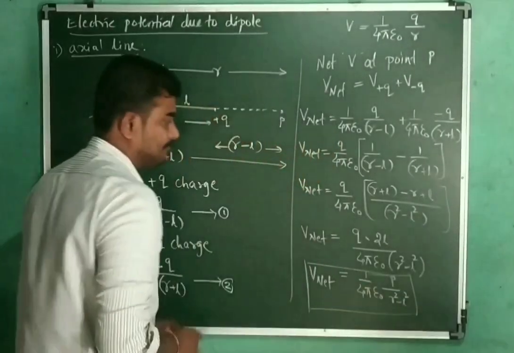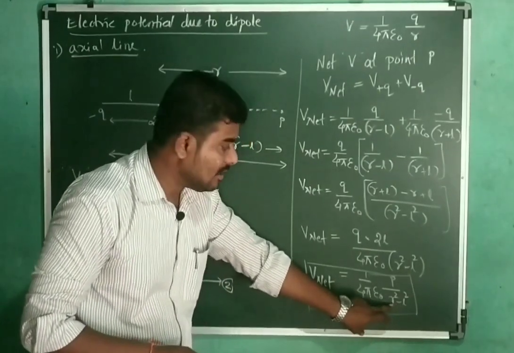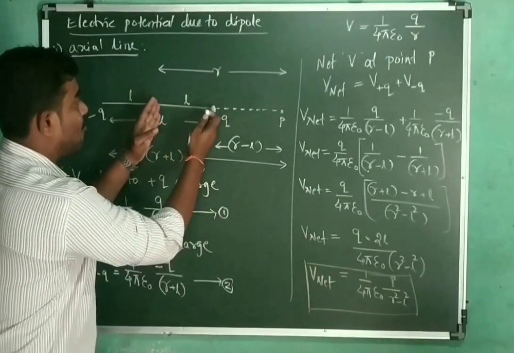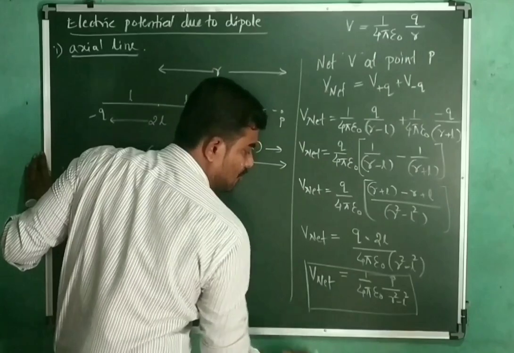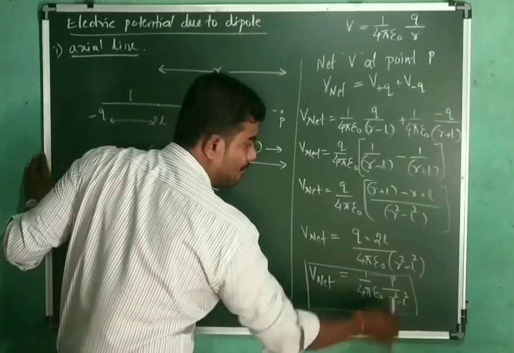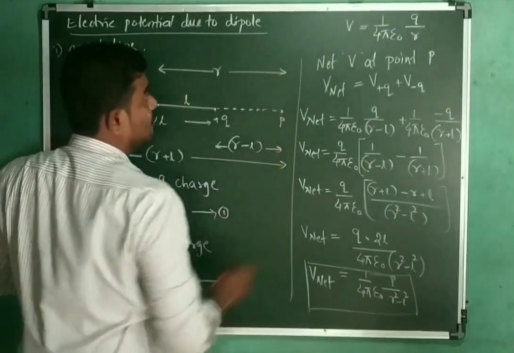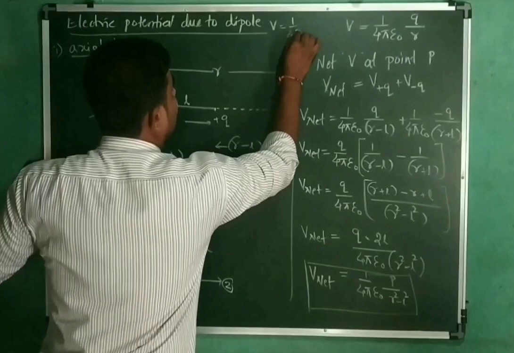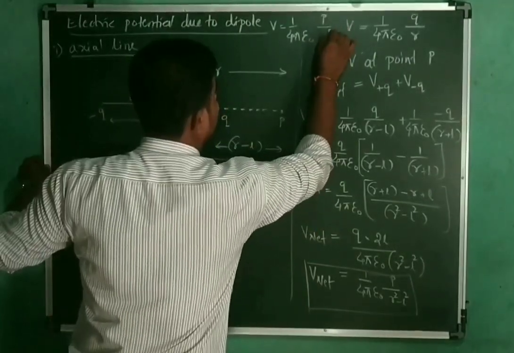This is the formula. And as you can observe, this r is very large compared to L, because L is a very small distance compared to r. If we neglect this L, then I am going to write here V is equal to 1 divided by 4 pi epsilon naught P divided by r square.